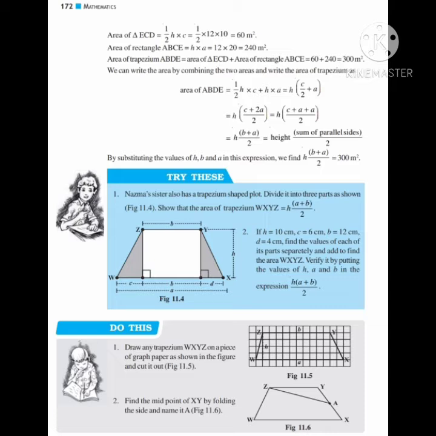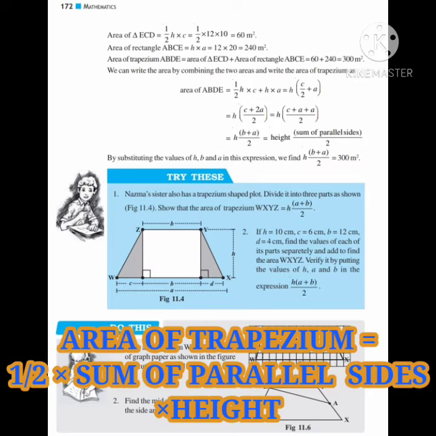So we can take height common and the formula becomes height into sum of parallel sides upon 2. So now you remember that whenever you need to find area of trapezium, you will use the formula half into the sum of the parallel sides into the distance between them.